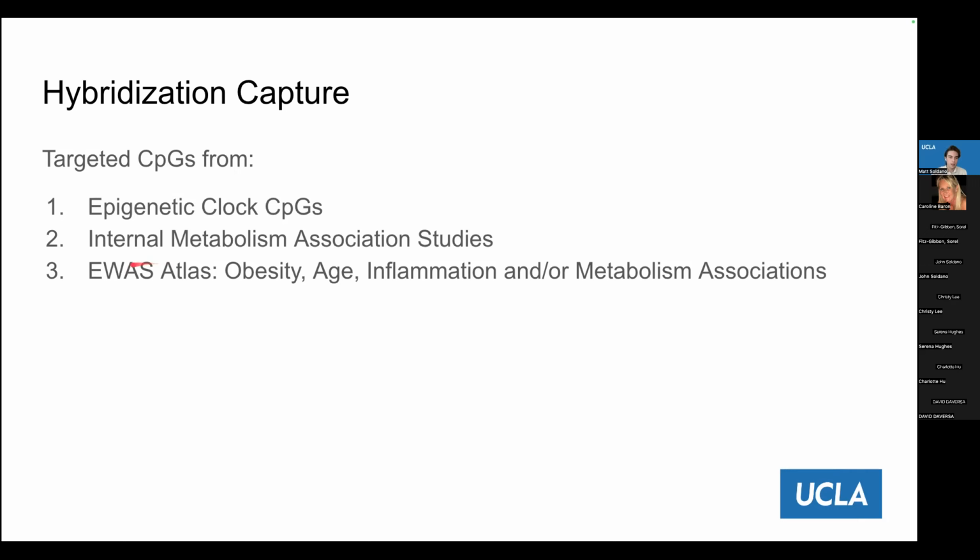And then lastly, the EWAS Atlas, the Epigenome-Wide Association Study Atlas. It is a repository where you can just search for terms such as obesity, age, inflammation, and other metabolism associations. And it will spit out a bunch of CpG sites that have been shown in literature to be associated with those different phenotypes or diseases.